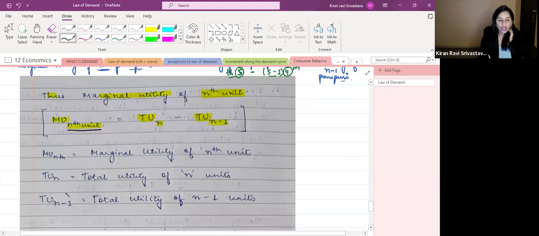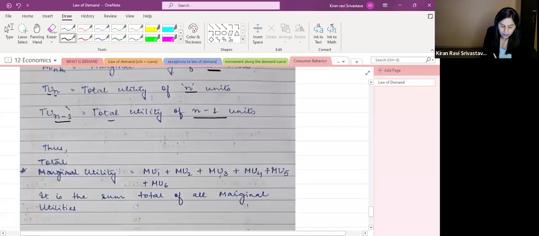So MU nth is the marginal utility of nth unit. It can be at any point. And what is TUn? TUn is called total utility of n units, and TUn minus 1 is total utility of n minus 1 units.